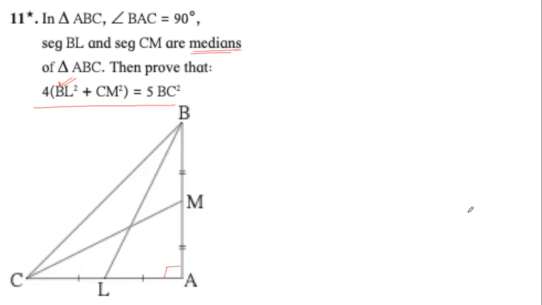Right? So what I was trying to see, if you are able to see or not, is that here we don't have just one right angle triangle, beta. We have 3 right angle triangles. One right angle triangle is triangle BAC. Another right angle triangle is triangle BAL.